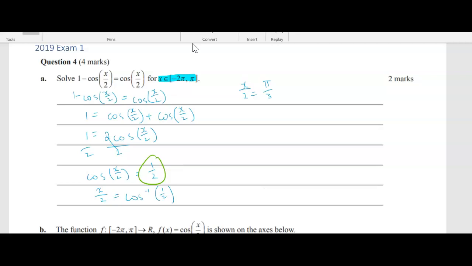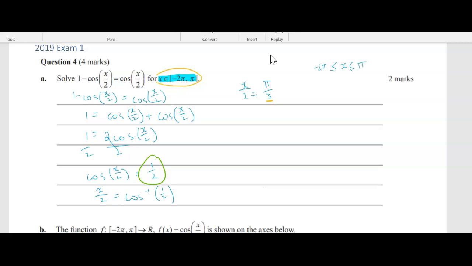So we've got to now take into consideration, because we're using pi on 3 as our basic angle, you can multiply both sides by 2, but we do need to take into consideration our domain. So x is between negative 2 pi and pi.